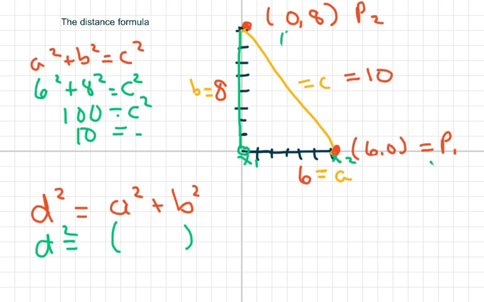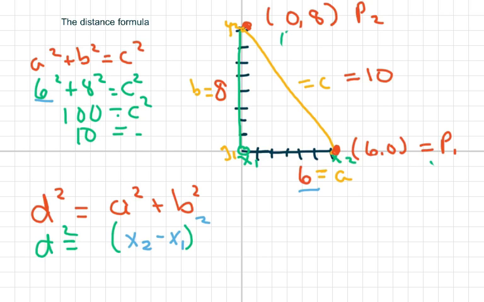So this is x sub 1, x sub 2. This is y sub 1 and y sub 2. So what I do to get 6 here is I subtract x sub 2 minus x sub 1. That would give me 6 minus 0 is 6, which is what we had here.